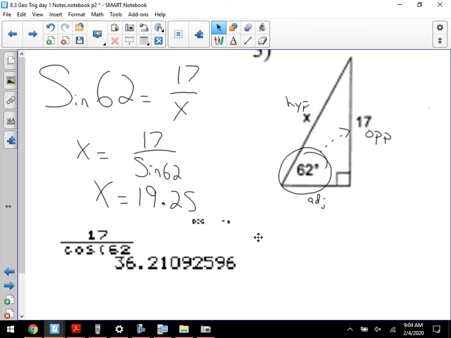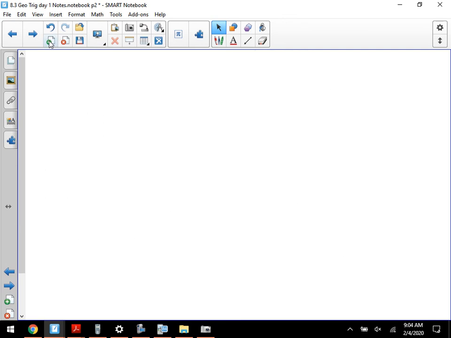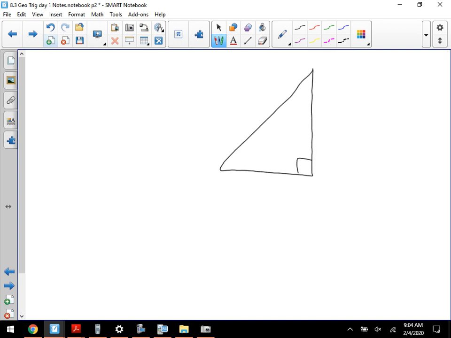There will be times, and I'm glad you asked this question, where the numbers themselves will be a little bit weird. For example, I know this one's not on your sheet here, but let's say we have a 30-degree angle, and we're trying to find x, and we know that this is 6, okay? If I follow the same pattern, first thing I would do is circle my 30, correct?